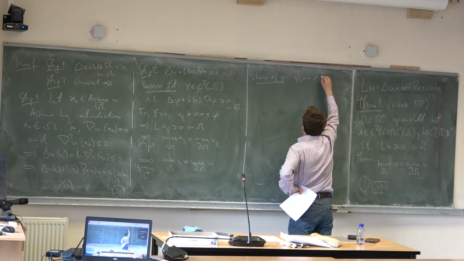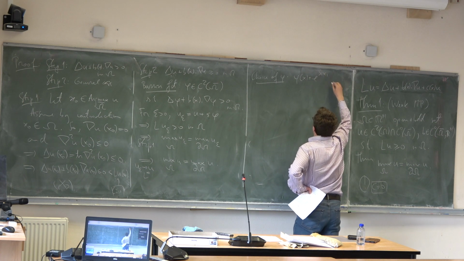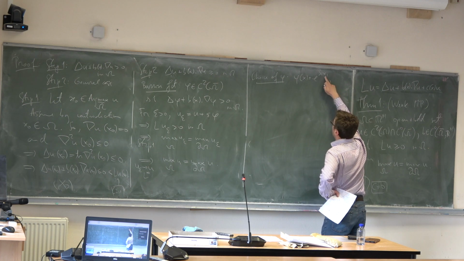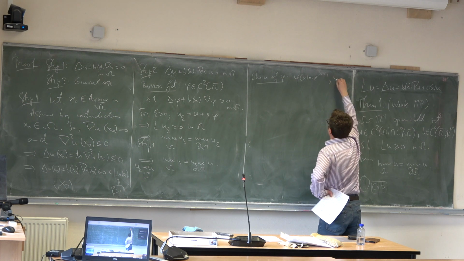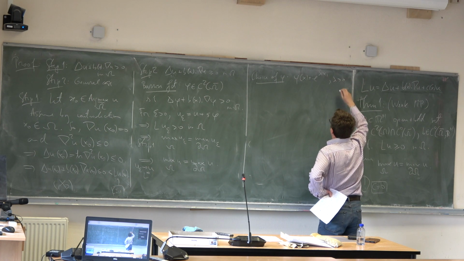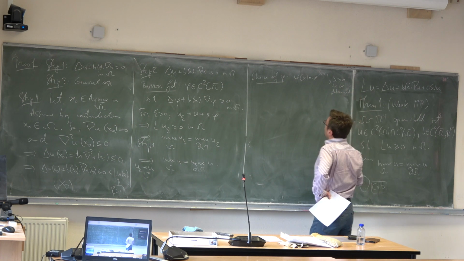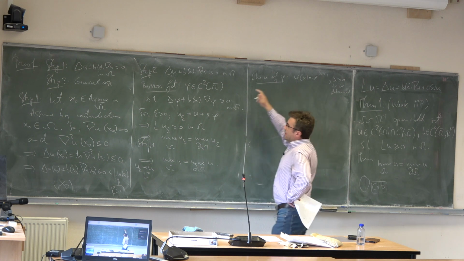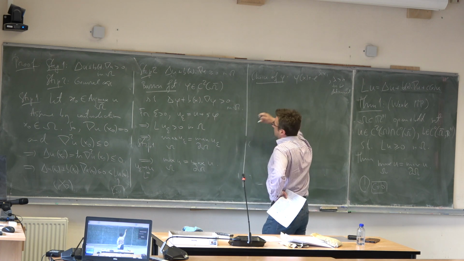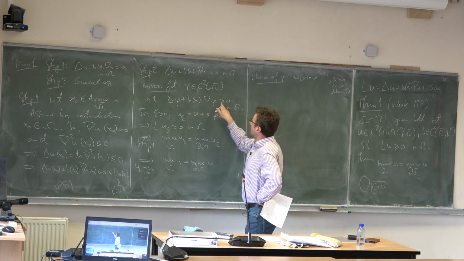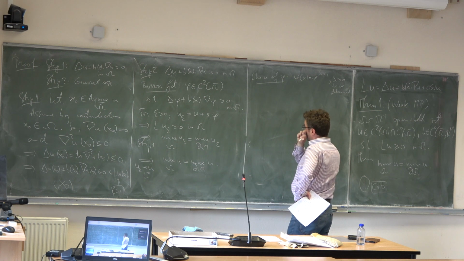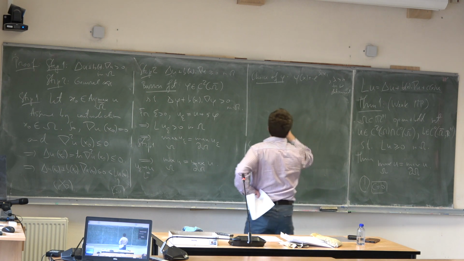So it will be of this form, e to the lambda x1, so only in one direction, where lambda is a positive number to be determined. Smooth as you want, and it will be determined in order that this is strictly positive in omega.